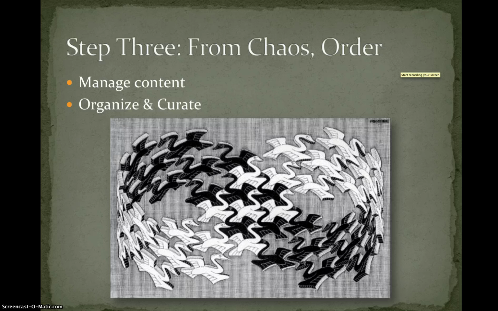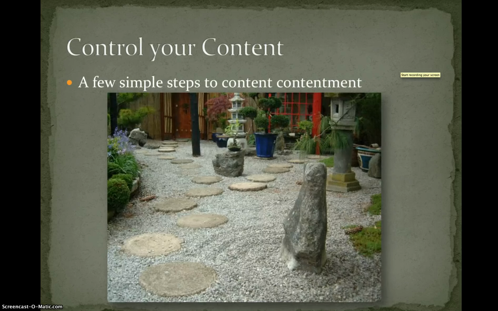And then it's just an ongoing process of curating your content, keeping it organized, keeping it fresh, retiring content when it needs to be retired, modifying and editing it as appropriate. So it's really controlling your content.